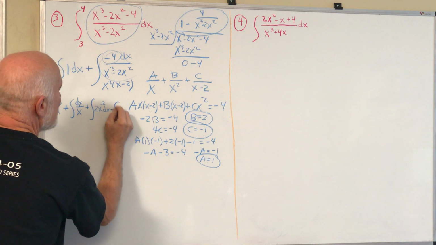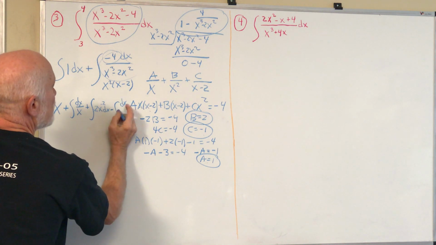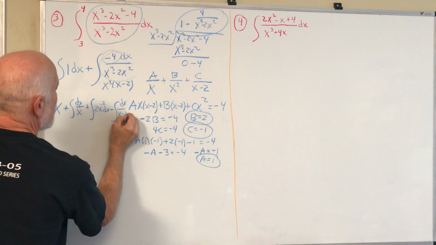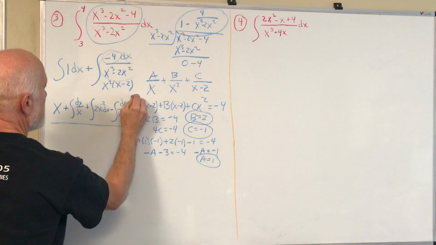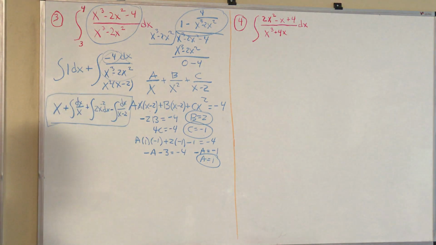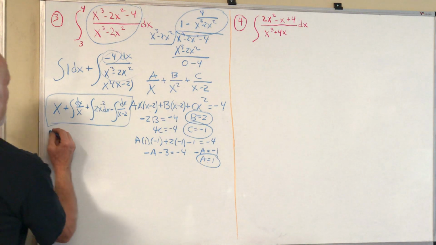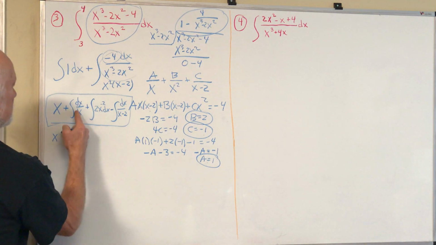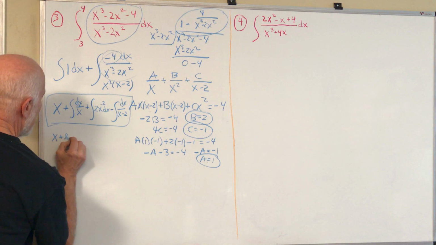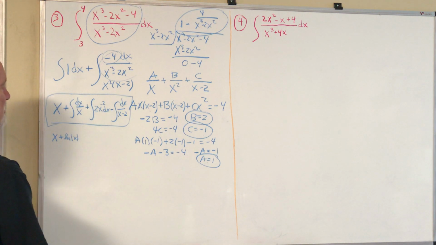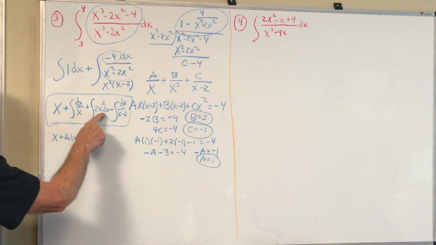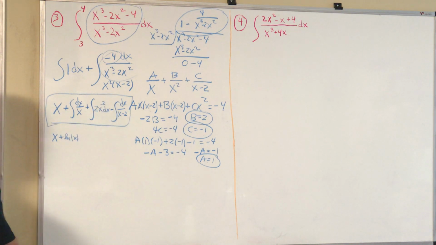So we can go minus the integral of dx over x minus 2. Now, notice I still haven't put in my 3 and 4. So I've got to keep in my mind that these are definite integrals. So I'm going to have to evaluate them all. So you get x plus the natural log of the absolute value of x. Now this one, you get 2x to the negative 1 divided by negative 1.